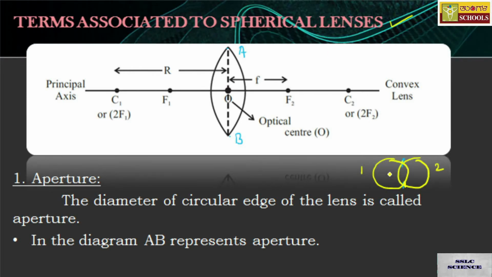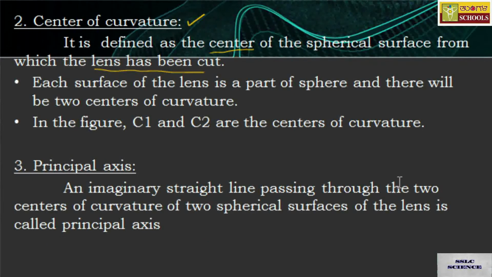This is the sphere number 1 and this is the sphere number 2. The center of those two spheres where you cut out the lens. So this portion and this portion is taken as the lens. So the center of those imaginary spheres is known as center of curvature.